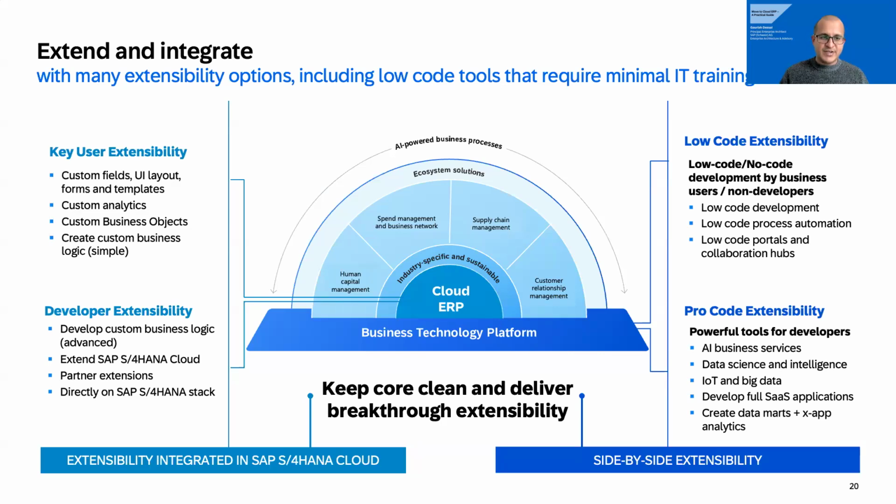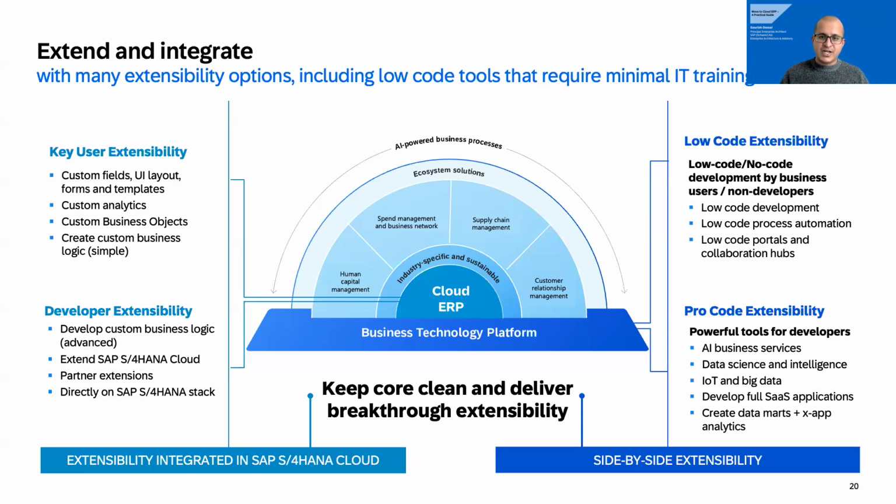When you talk about developer extensibility, these are the extensions which are running on top of public cloud itself. They are not running on a separate stack. But when we talk about side-by-side extensibility, SAP Build comes into the picture and SAP Pro Code capabilities come into the picture. With low-code extensibility built on SAP Build, we have low-code development, process automation, workflows, and portals to allow collaboration across the business.